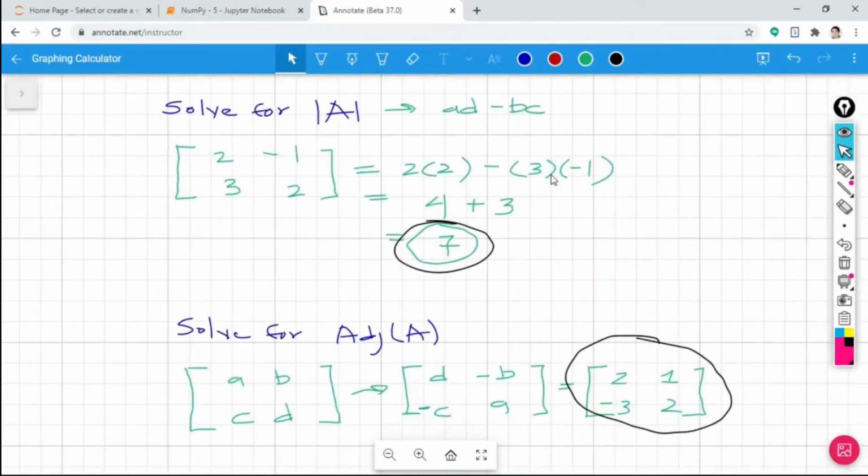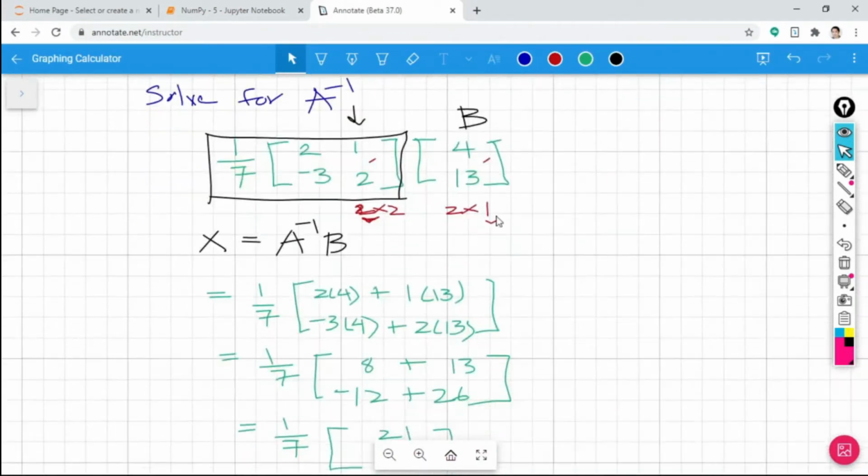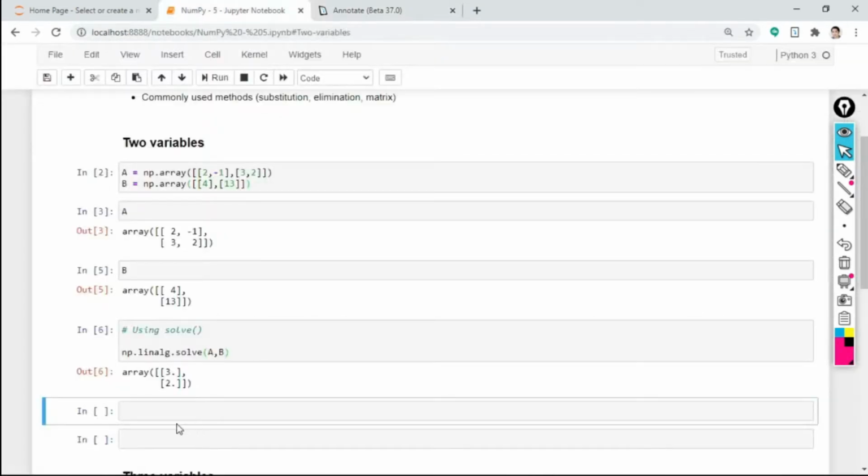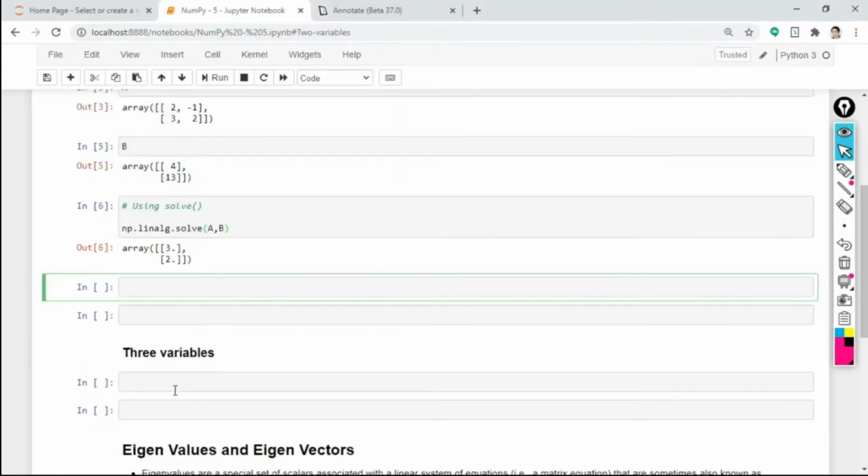So if we check our computations, yes. Okay, so x is 3, then y is 2. Okay. So what's the alternative? If you follow the formula, of course, there are other approaches, but this one is a two-step approach.